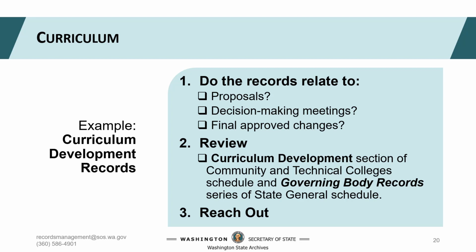The State General Schedule only gives you one option. Many schools maintain a decision-making body that comes together to guide the curriculum development and approval process. These meeting records fall under the Governing Executive Policy Setting Body Record series in the State General Schedule because they document significant agency decision-making.